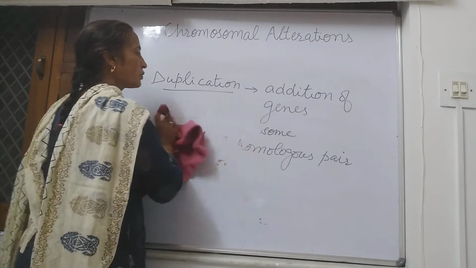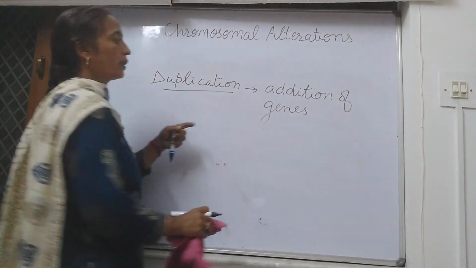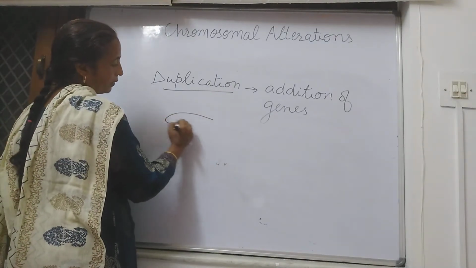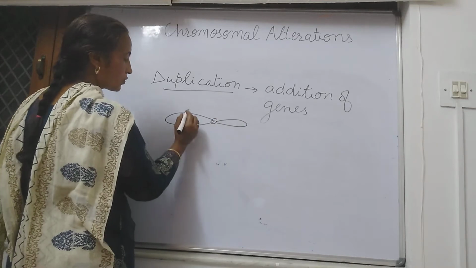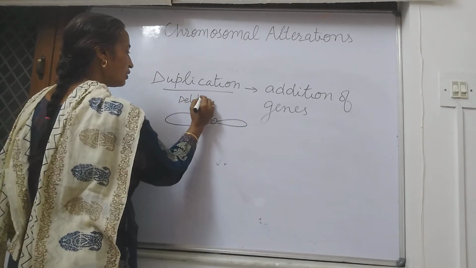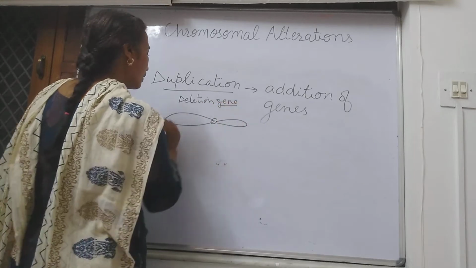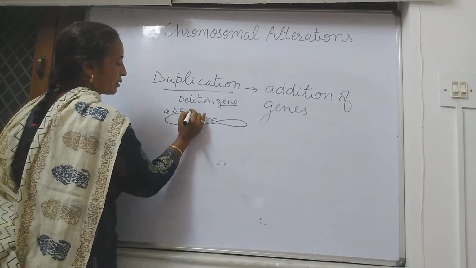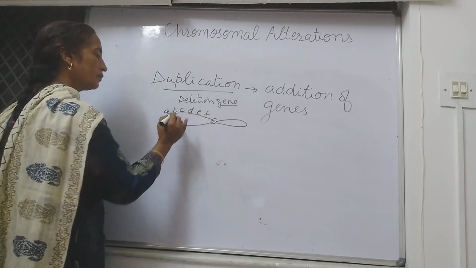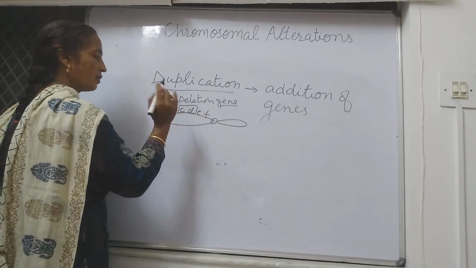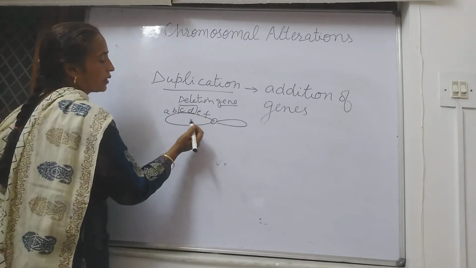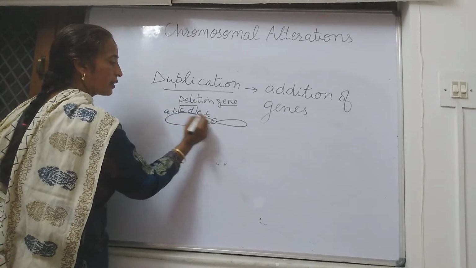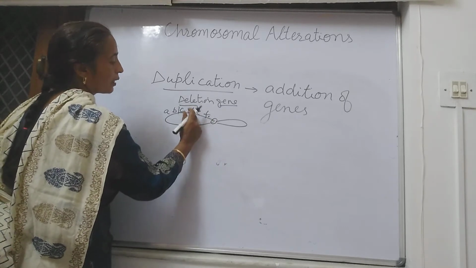So there are different types. First of all, there is deletion of genes, and then the deleted genes get added. Suppose A, B, C, D, E, F, and this segment is lost, and this will get added to the other segment, either at the same position or in a different position.